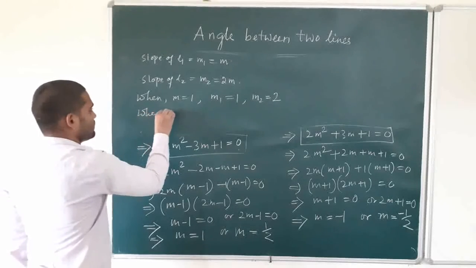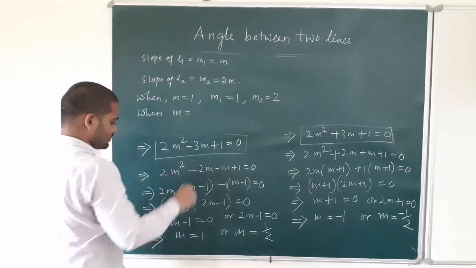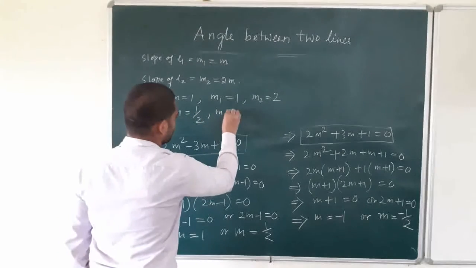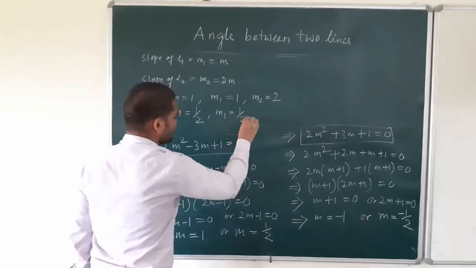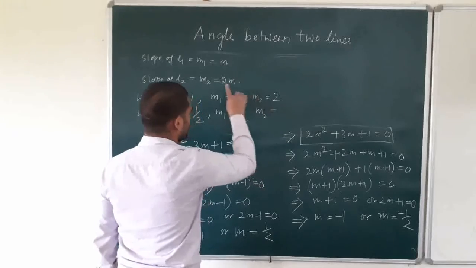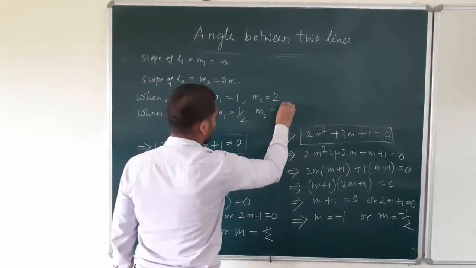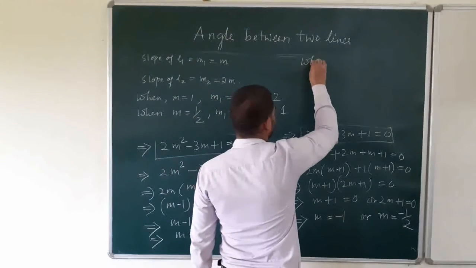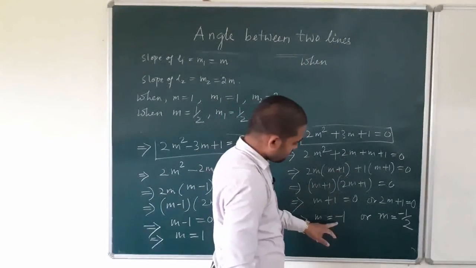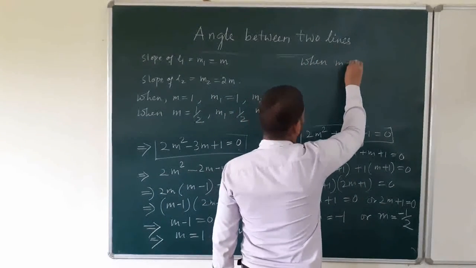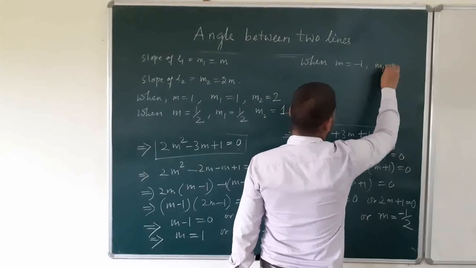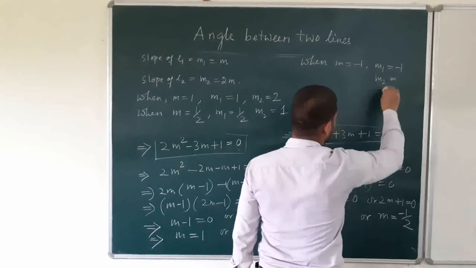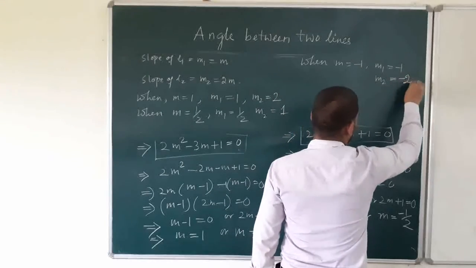When M is equal to 1 by 2, then M1 is equal to 1 by 2 and M2 is equal to 2 into M, that is equal to 1.